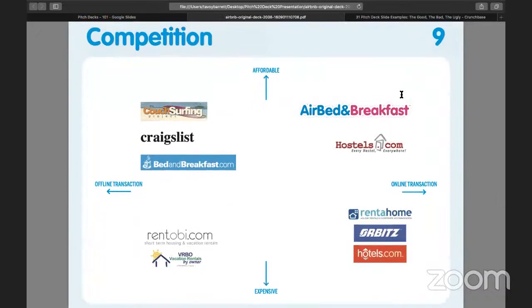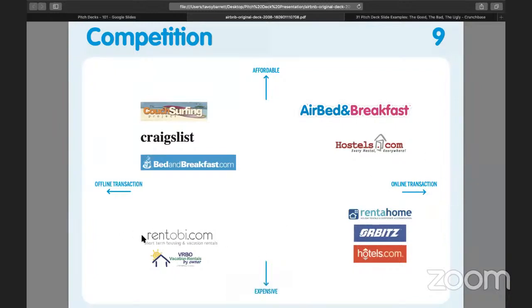Competition. So in a matrix, using this specific matrix, what Airbnb did was just to highlight the different competition, what it is that they have over them, or what makes them comparable to other competition. So as you can see here, Rent a Home has online transactions, the ability to conduct your transactions online, but it's also expensive.